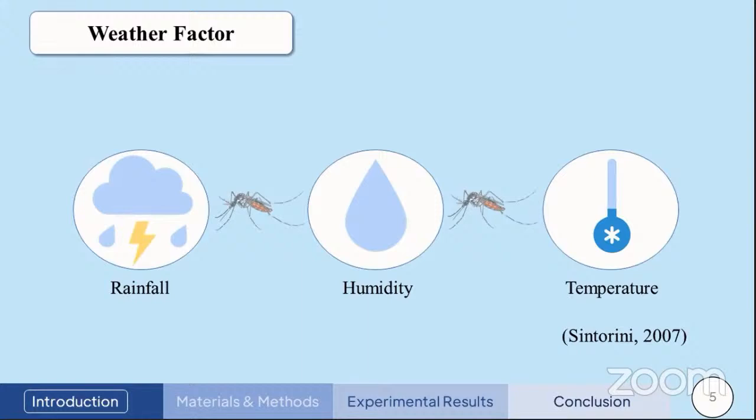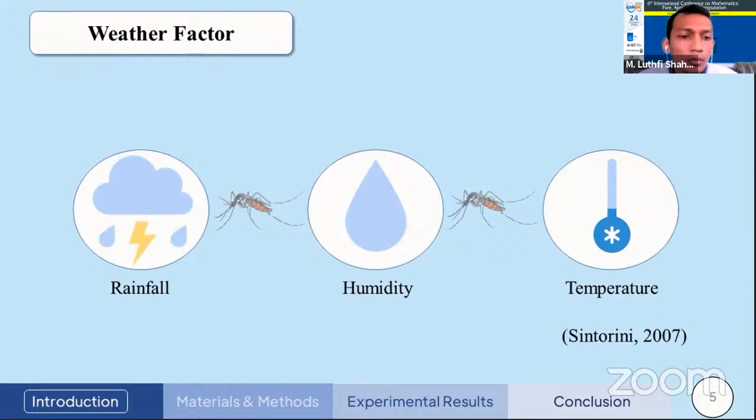Second, the average optimum temperature for mosquito growth is 25 to 35 degrees Celsius, and Aedes aegypti mosquitoes can survive low temperatures. Humidity of more than 60% extends the life of Aedes aegypti mosquitoes and makes mosquito breeding more likely.